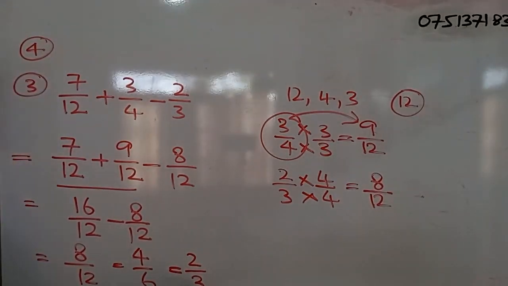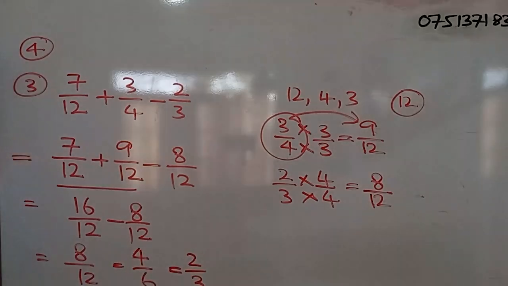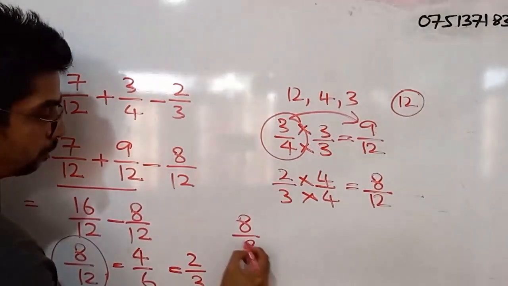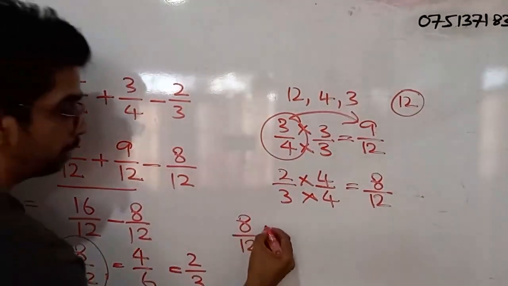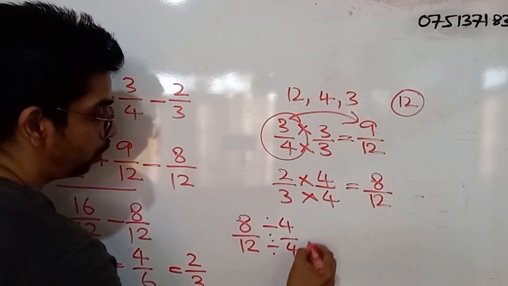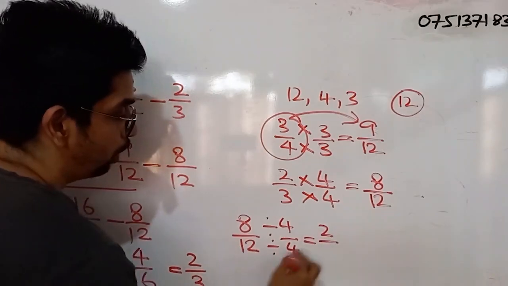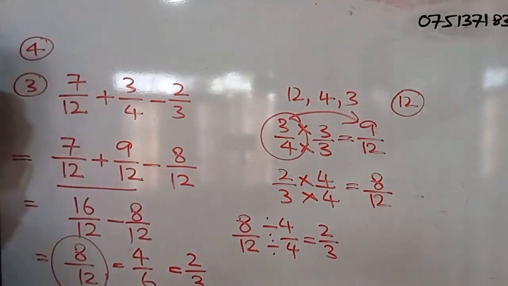So the simplified answer should be 2 by 3, right? So from 8 by 12, we can directly divide the numerator by 4 and the denominator by 4 also. 8 divided by 4, we get 2. 12 divided by 4, we get 3. So we get the same answer.